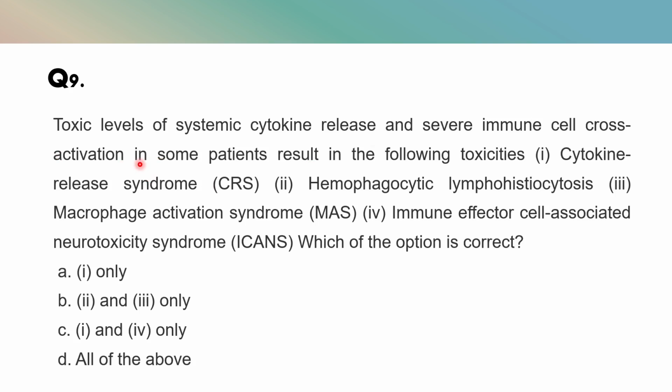So, generally, in case of cancer patient, now we are talking about immune cell therapy, right? So, in patients, we doctors use this method of immunotherapy to cure their cancer or kill the tumor cells, but in some cases they lead to different types of toxicities or side effects, that is systemic immune cytokine release.